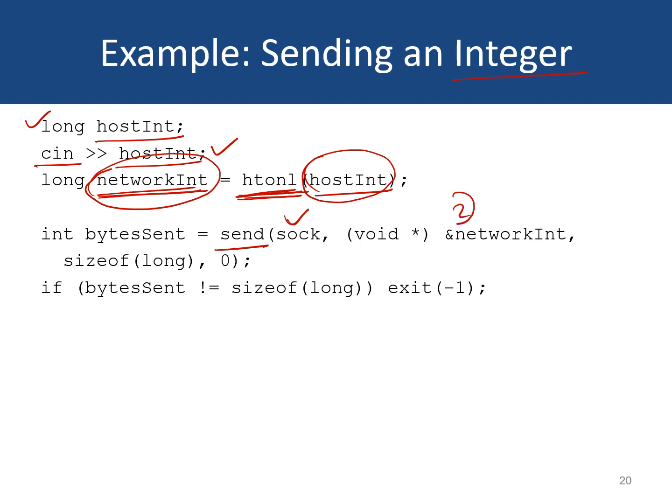The second parameter, recall, is the message that we want to send, and so here we are sending the address of this network int, and we are typecasting it to a void pointer because, recall, the second parameter in the send function is a void pointer. The third parameter, recall, is the size of the message. So in this case, it is simply the size of the long that we are sending. And once again, we have set the fourth parameter, which is the flags, as 0 as a default option because we are not setting any special options here.